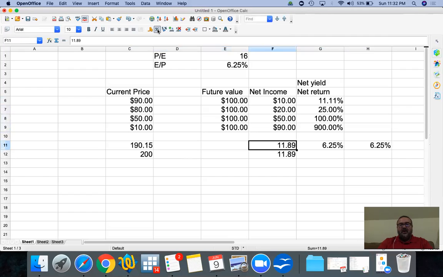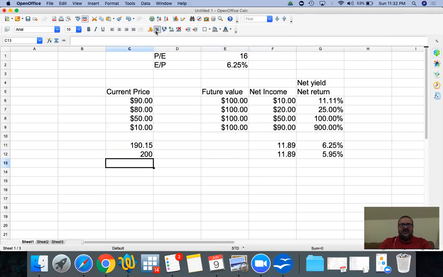So we earned in Apple $11.89, which means based on what we're paying today, 190.15, we are earning 6.25%. Now, if we start paying more for this and we earn the same $11.89, then we are going to earn less, $5.95.